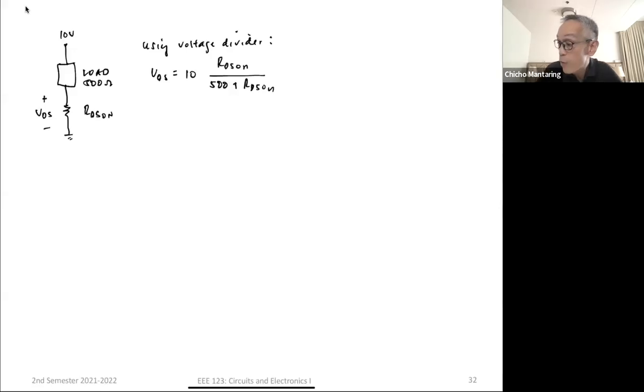And I want VDS to be less than 0.5 volts from here.